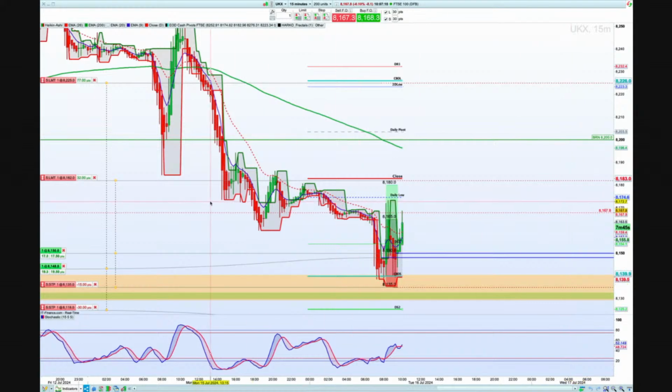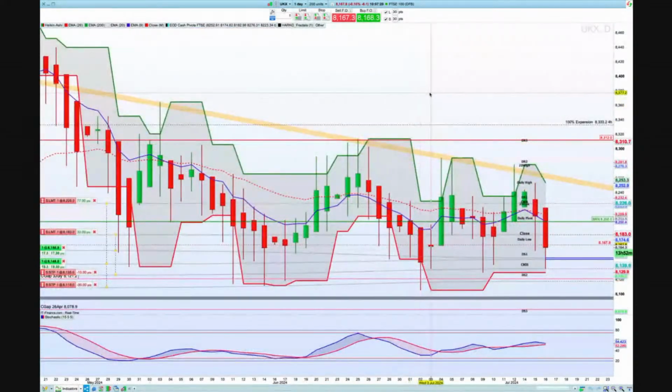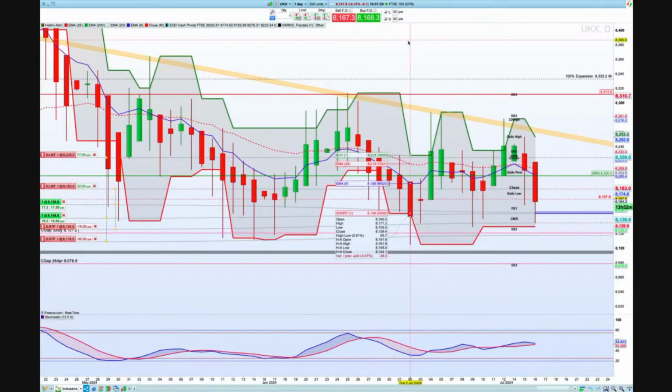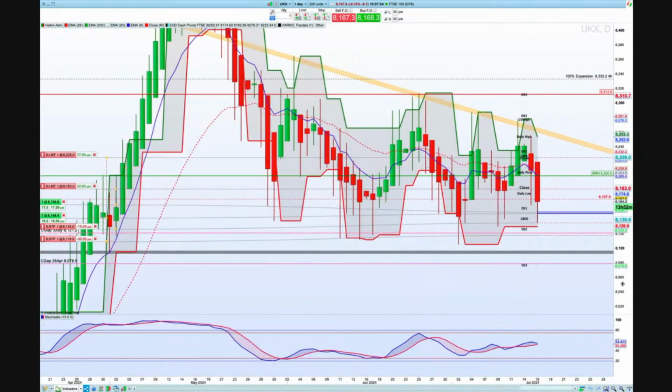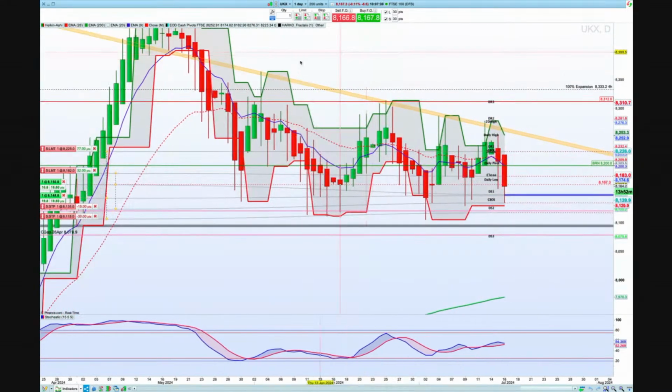So where we are this morning, let's zoom right out so you can see. The market on the daily view is certainly trading long, but we have a series of lower highs coming into play and higher lows on the daily.